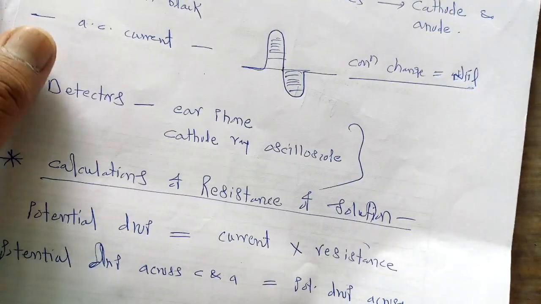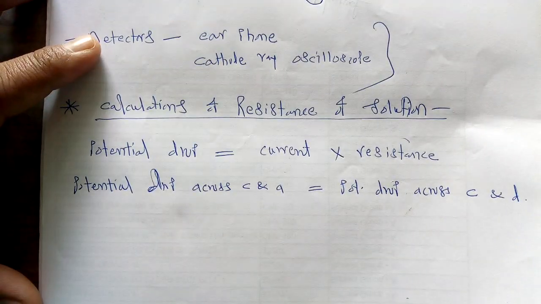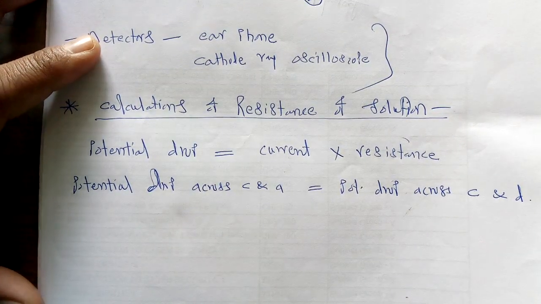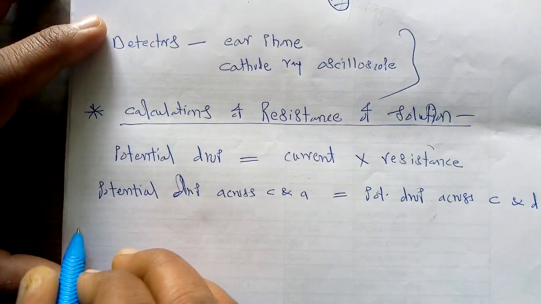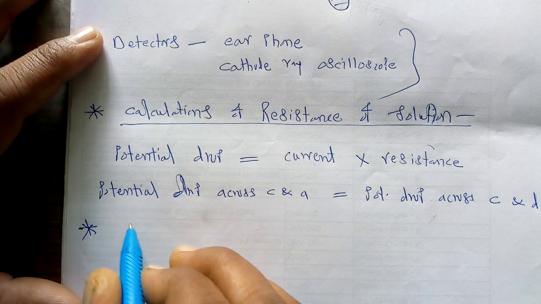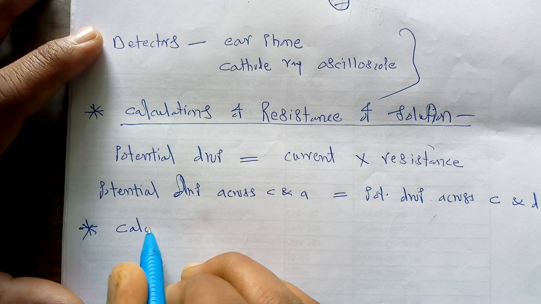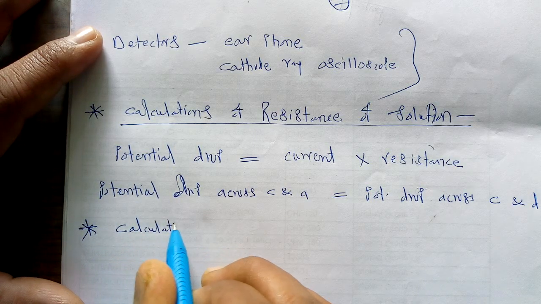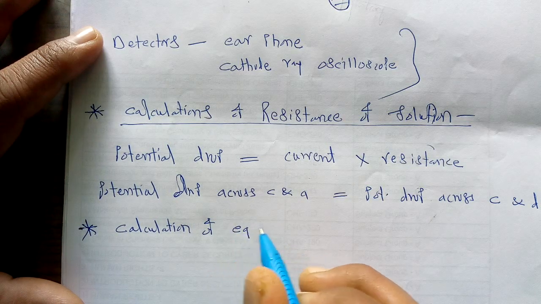Now after the calculation of the resistance from the modified version of the Wheatstone bridge circuit, we are interested in calculating the equivalent conductance.